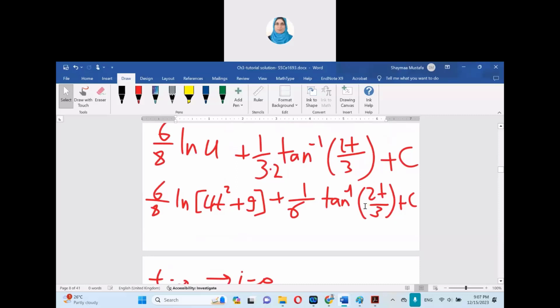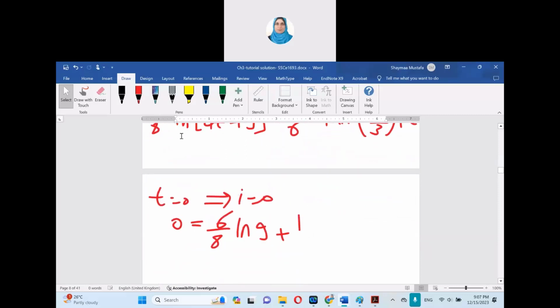When t equals 0, tan inverse 0 is 0, so this one will be cancelled, and you have 6 over 8 ln 9 plus C only. So the constant here is minus 6 over 8 ln 9.